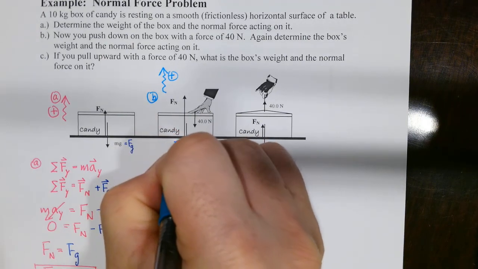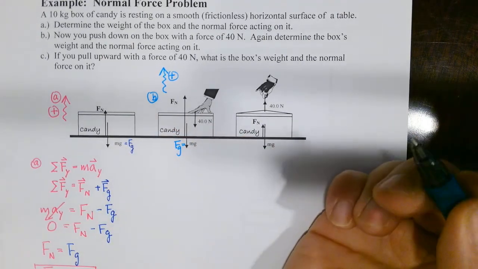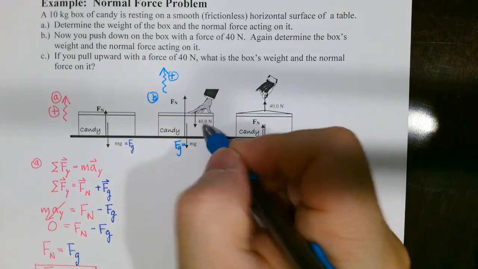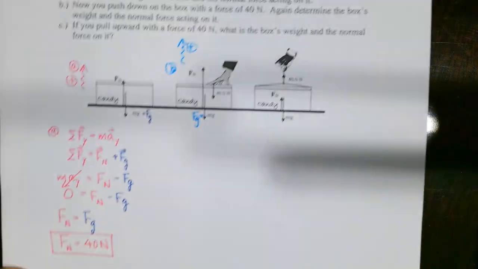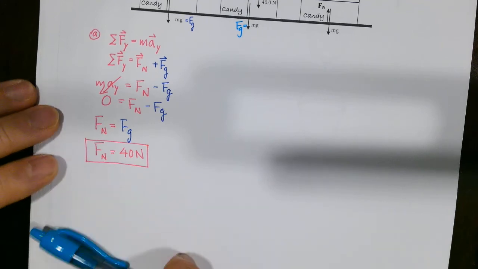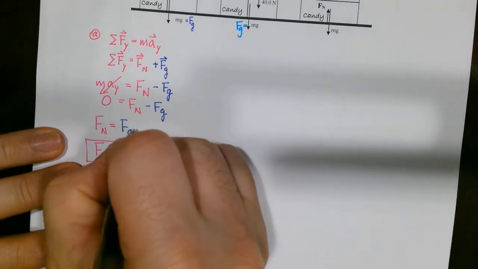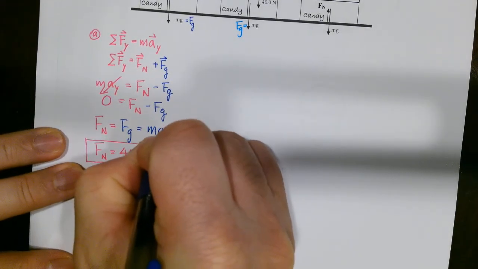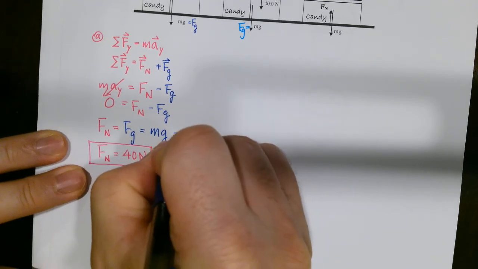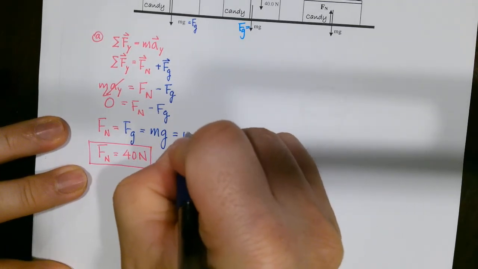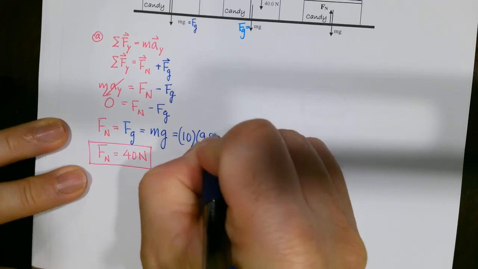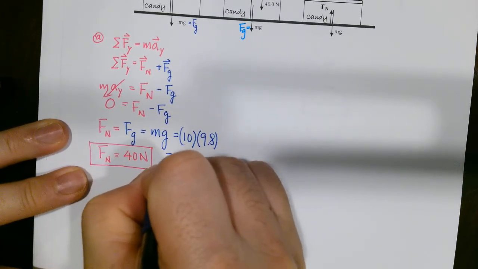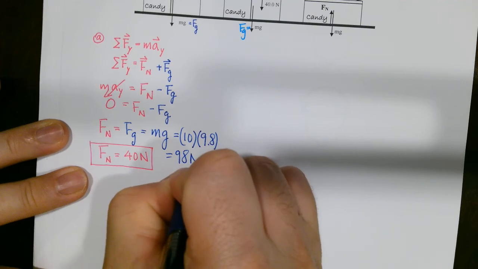The box's weight, Fg, does not change because it's still a 10 kilogram box. I'm sorry, should be 9. Sorry. This is actually m times g, and that is equal to 10 times 9.8, and that should be 98 newtons, not 40.